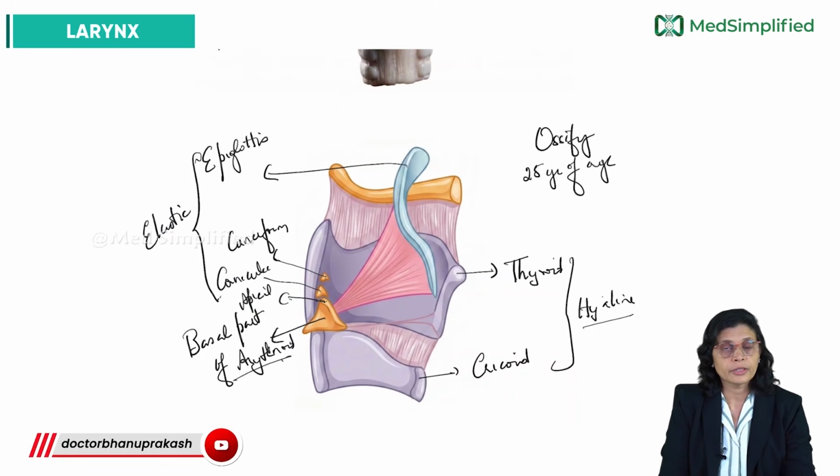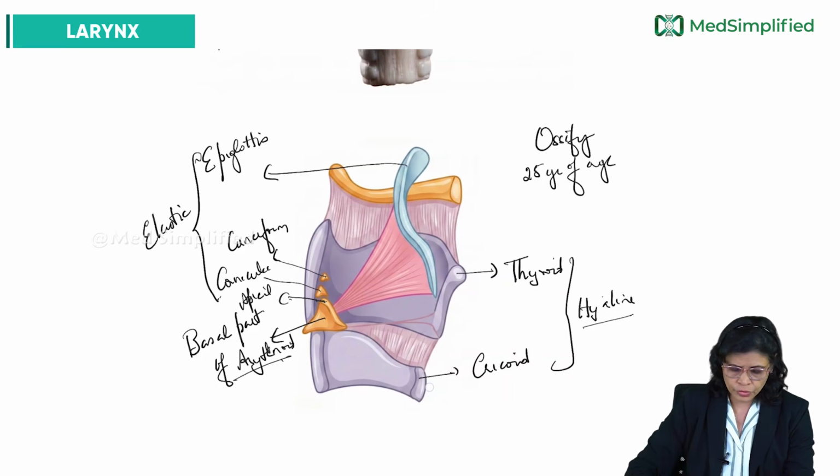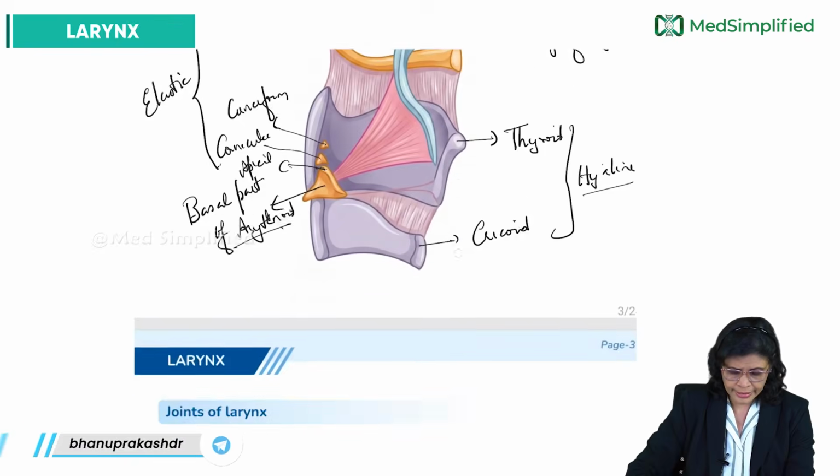So basically we will see two types according to their composition: hyaline cartilage and elastic cartilage. Hyaline are thyroid, cricoid and the basal part of arytenoid. Whereas the epiglottis, the corniculate and the cuneiform are elastic, along with the apical portion of arytenoid. So that is about the cartilages.